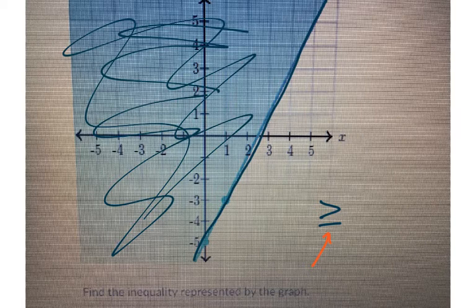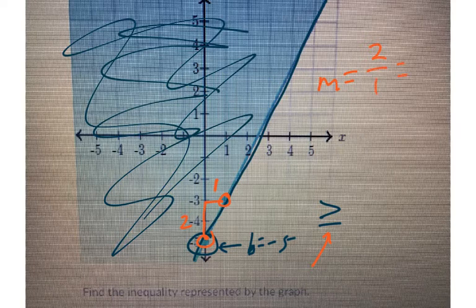Now what? Well, let's find the y-intercept. Notice the y-intercept down there. b is -5. Let's find the slope. From this point to this point, see how I go up 2 and over 1. That means my slope is 2 over 1, or just simply 2.